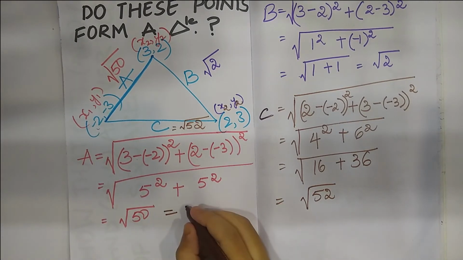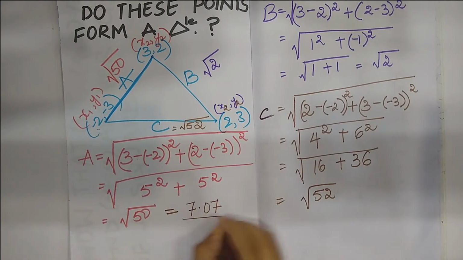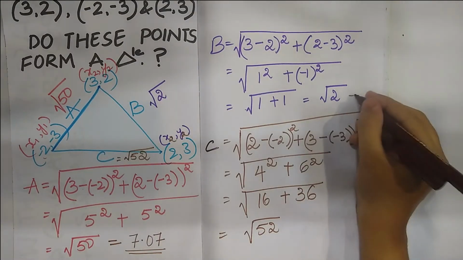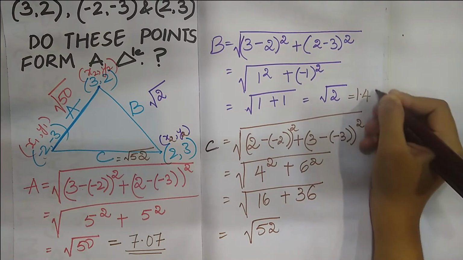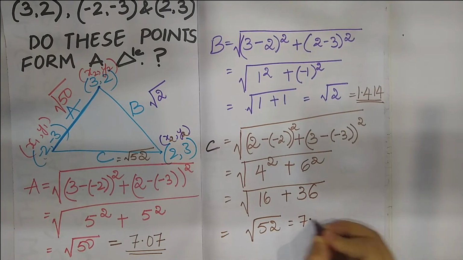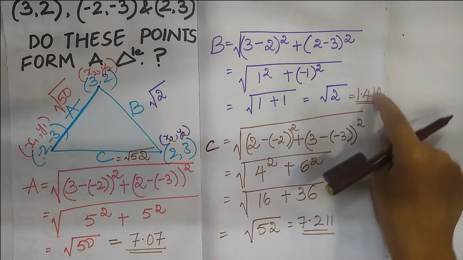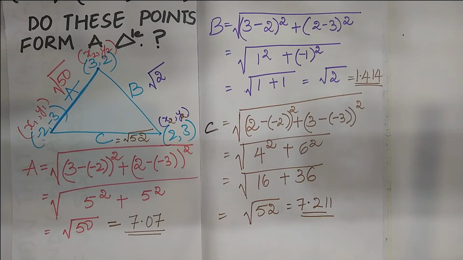So we got square root of 50 as 7.07. Okay. Now let us calculate square root of 2. Square root of 2 is 1.414. Alright. And then square root of 52, that should be equal to 7.211. So we have all the three distances in decimal point numbers, so that will be easier for us.